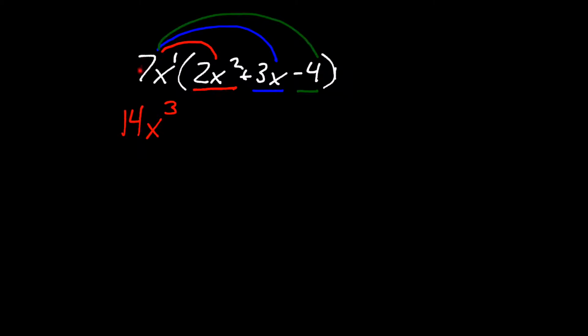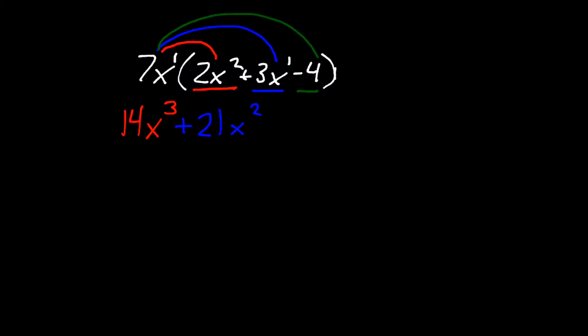So I have 7 times a positive 3, which is a positive 21. So I add 21 to my expression, and then I have x to the first times another x to the first. This x times this x. And x times x gives me x squared.